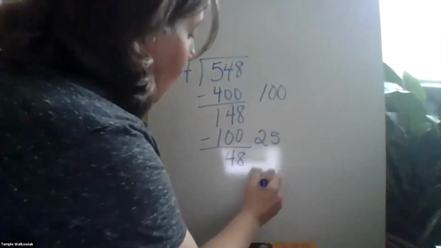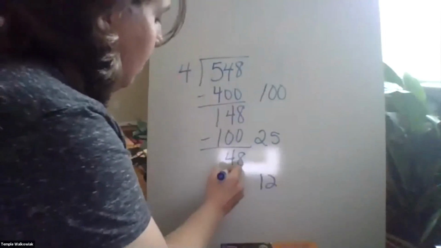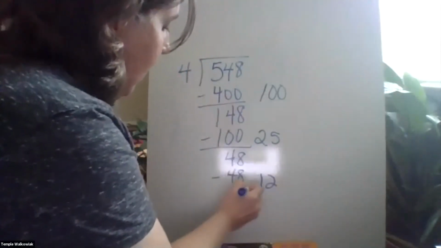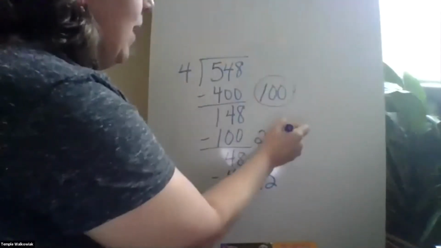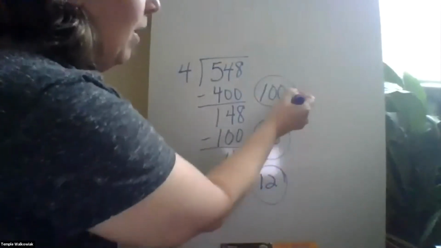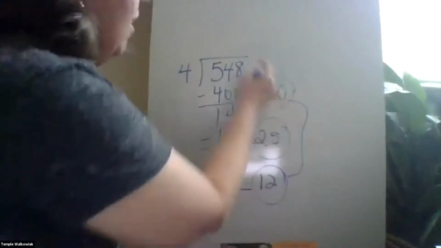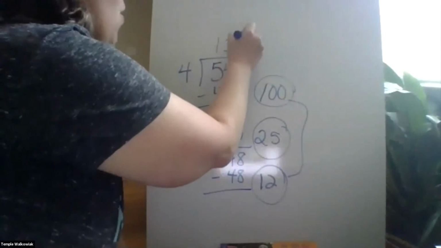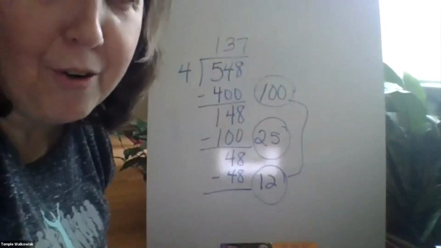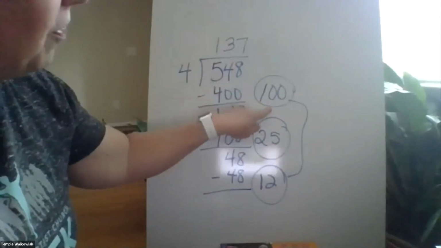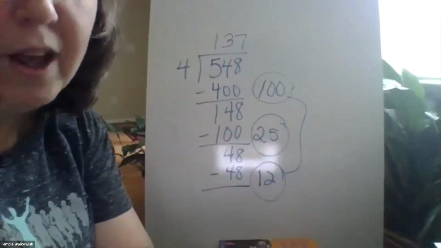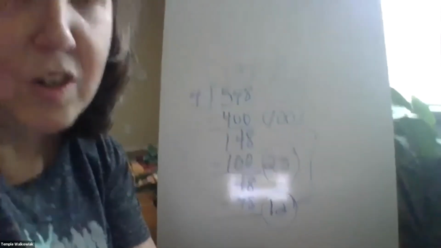Oh, I can make 12 groups of 4. Now I'm finished. I made 100 groups of 4, 25 groups of 4, and 12 groups of 4. So all I have to do is add these together, and I have 137. Oh, that's the same quotient I got using the traditional algorithm. I can make 137 groups of 4, but these were my partial quotients: 100, 25, and 12.